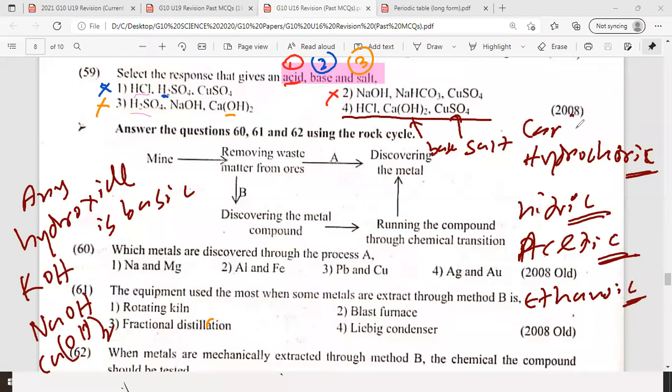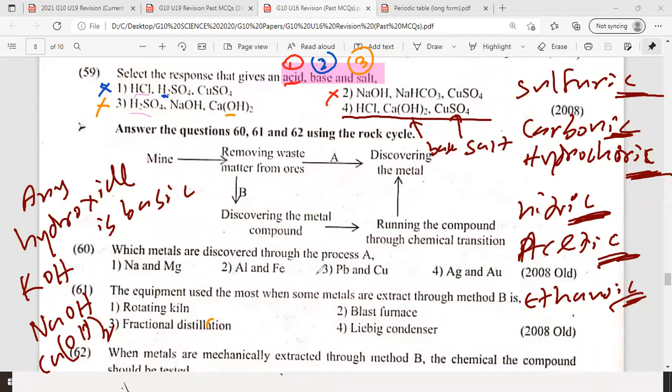Carbonic acid, soda. Sulfuric, the battery acid, ends in ic. Nitric, acetic, ethanoic, carbonic, sulfuric acid, nitric acid, hydrochloric acid. The name ends in ic.